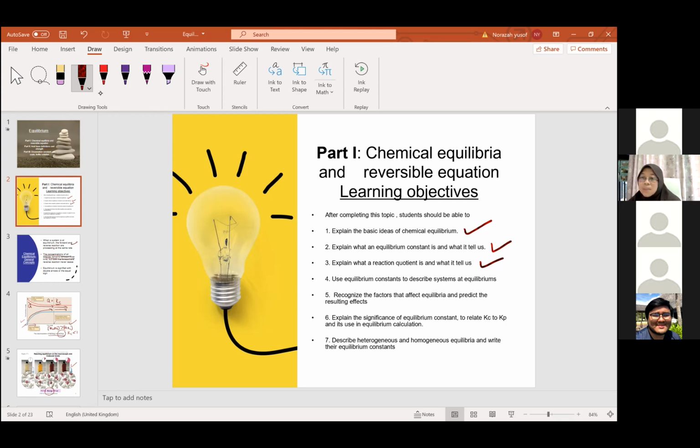Then mathematical operations on Kc, factors, the relation between Kc and Kp, and the last one, understanding heterogeneous and homogeneous chemical reactions, which can also achieve equilibrium.